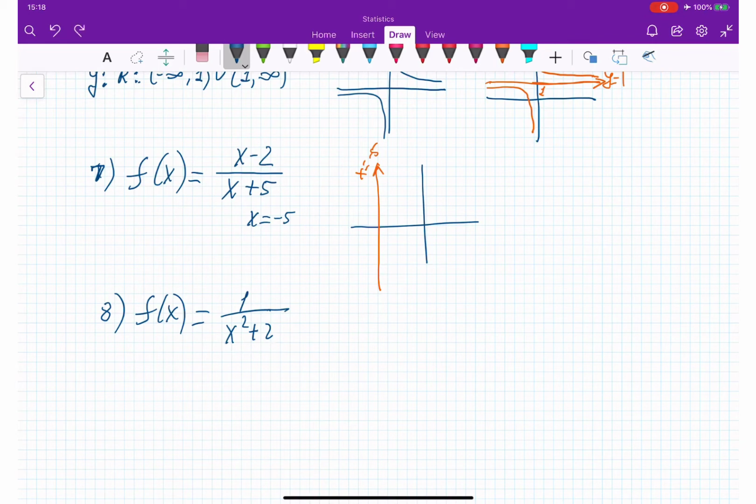Even if you take x is equal, first of all, no number squared is going to be negative, right? Which means x squared plus 2 cannot be equal 0, right? X squared cannot be equal negative 2. And indeed, as a real number, a square of any number never can give you negative 2.